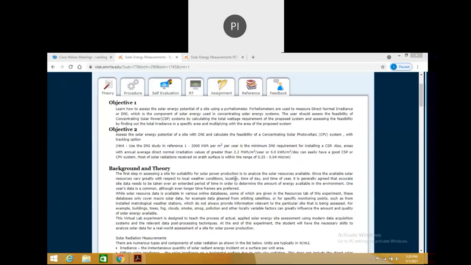The data we need to check is not always relevant to the particular site that is being assessed.